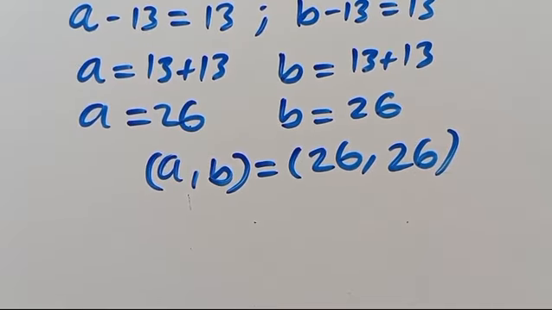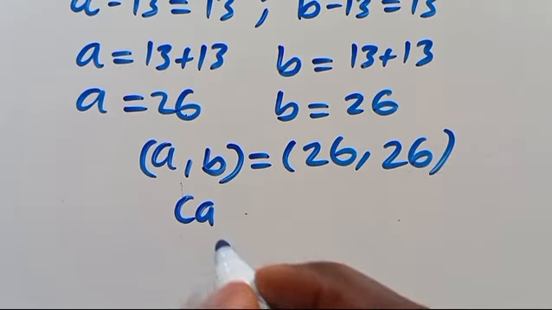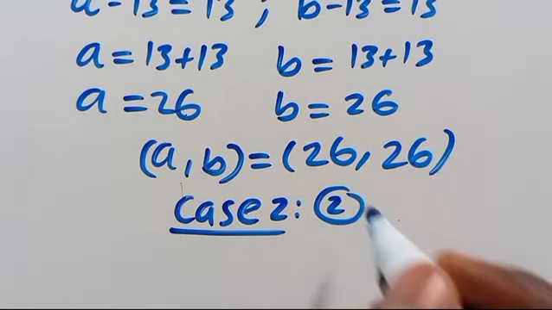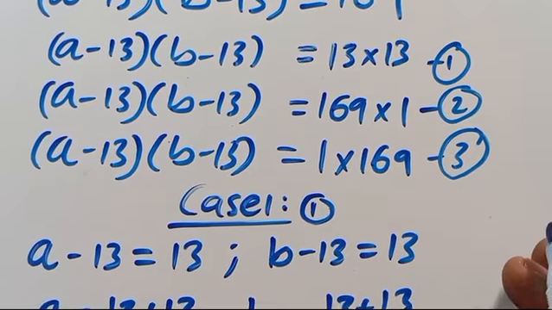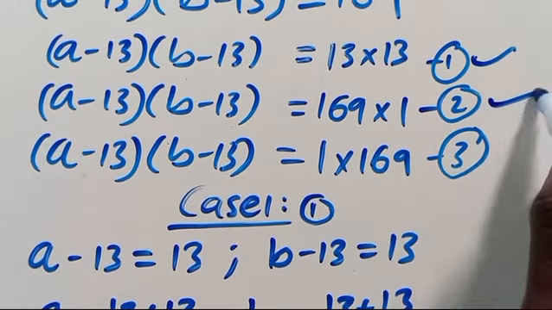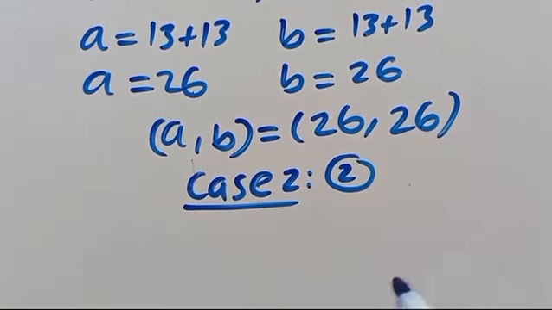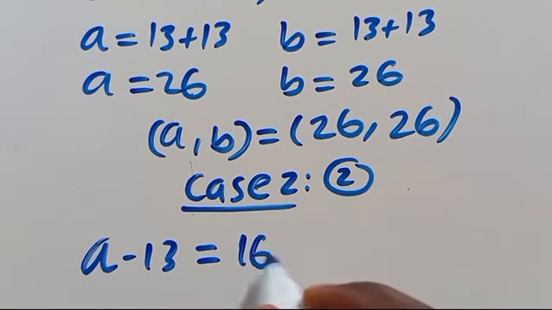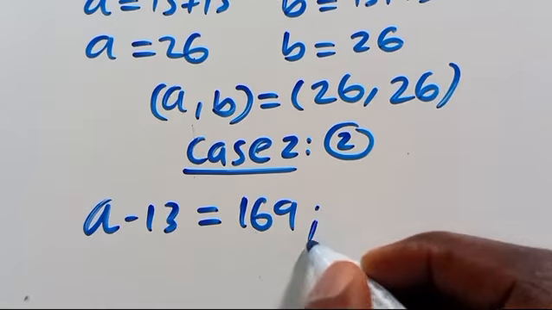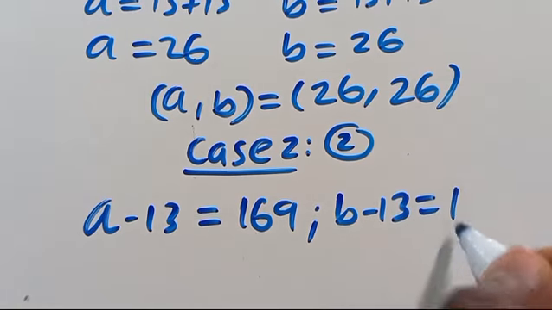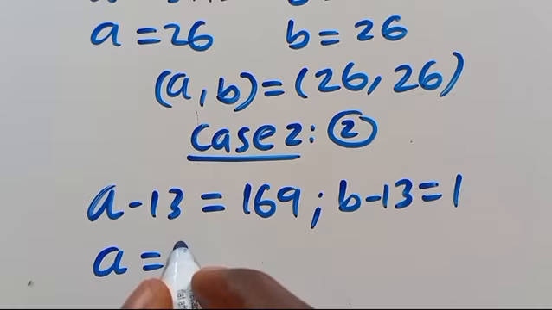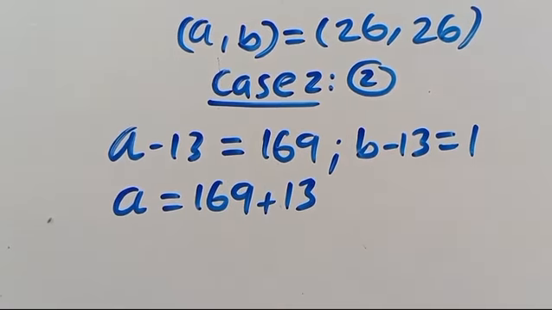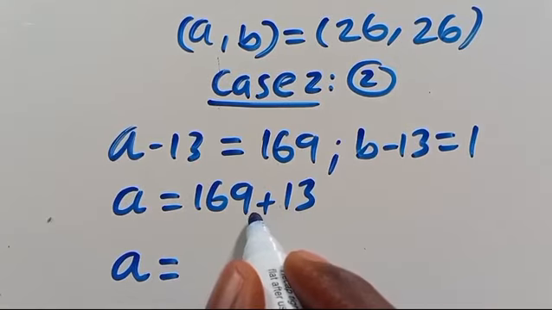Then likewise, for case 2, from equation 2, we want to solve this. So we are going to have a minus 13 equals 169. Then b minus 13 equals 1. So we have a equals 169 plus 13. 3 plus 9 gives us 12.